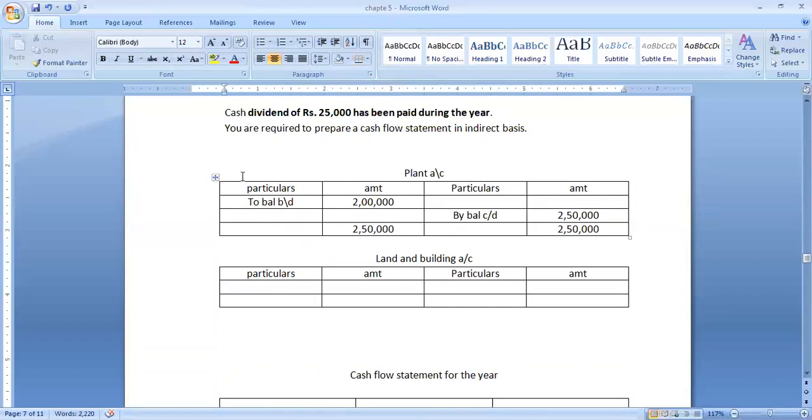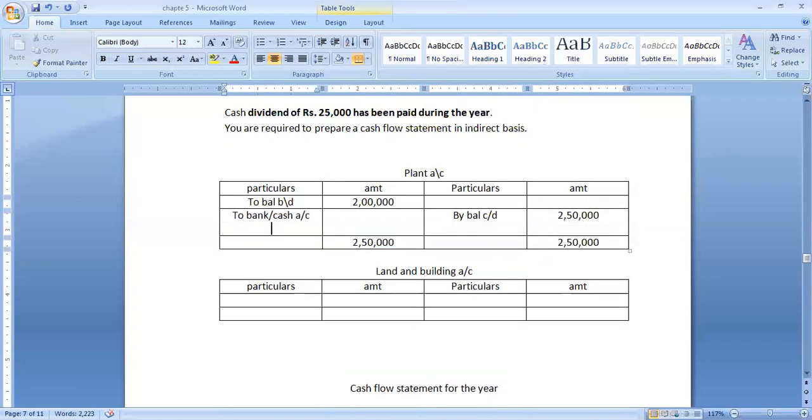On the debit side. If it is the debit side, it indicates the purchase. So make it as 'To bank' or cash account, which is indicating the purchases. Don't write directly the purchase or the sale. That is the balancing figure value.